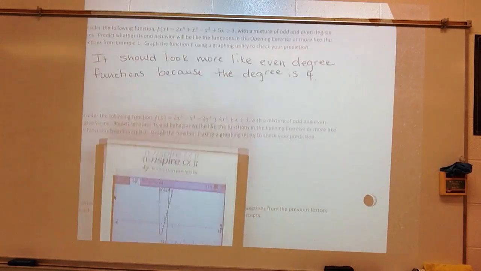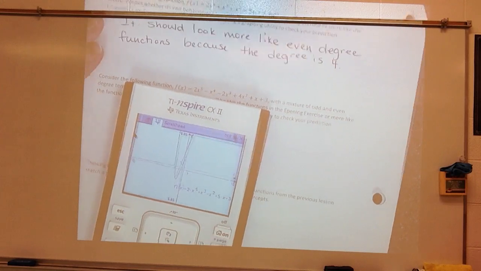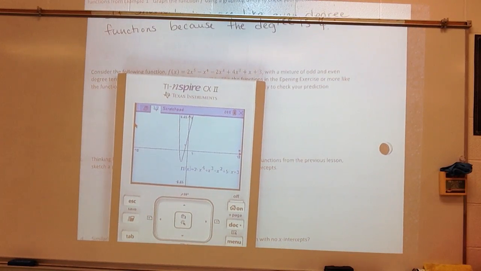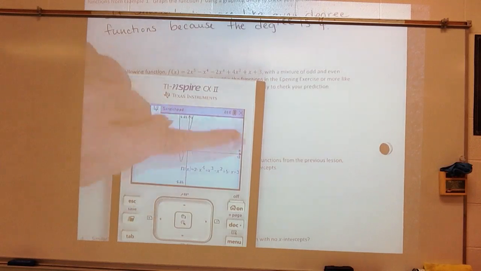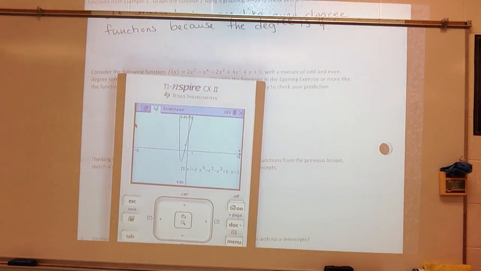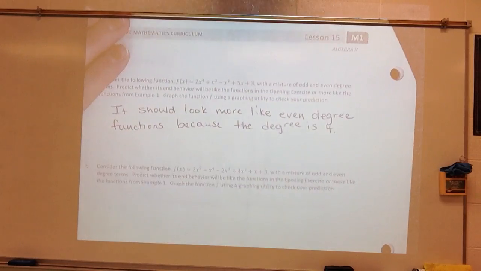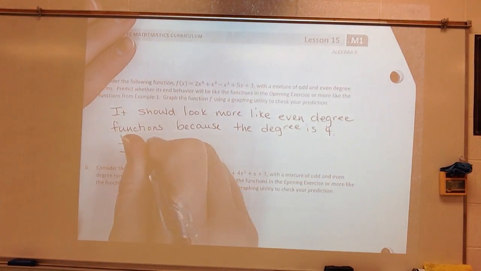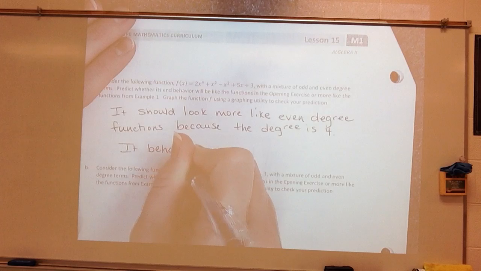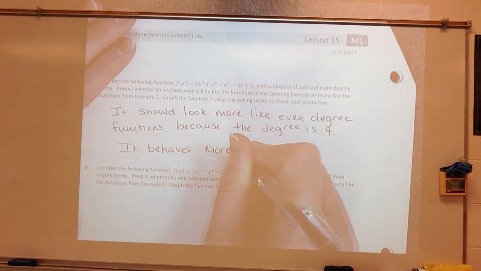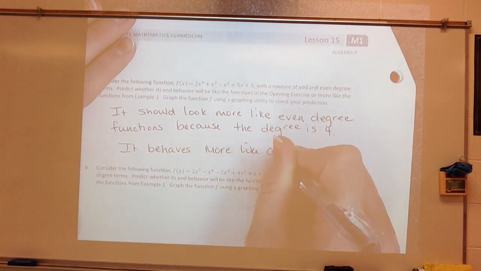When we graph it, it doesn't exactly look like our even degree function, but it behaves very similar to our even degree functions. Even though it drops below the x-axis, notice I'm not going up and down. I have that U shape. So it behaves more like an even function.